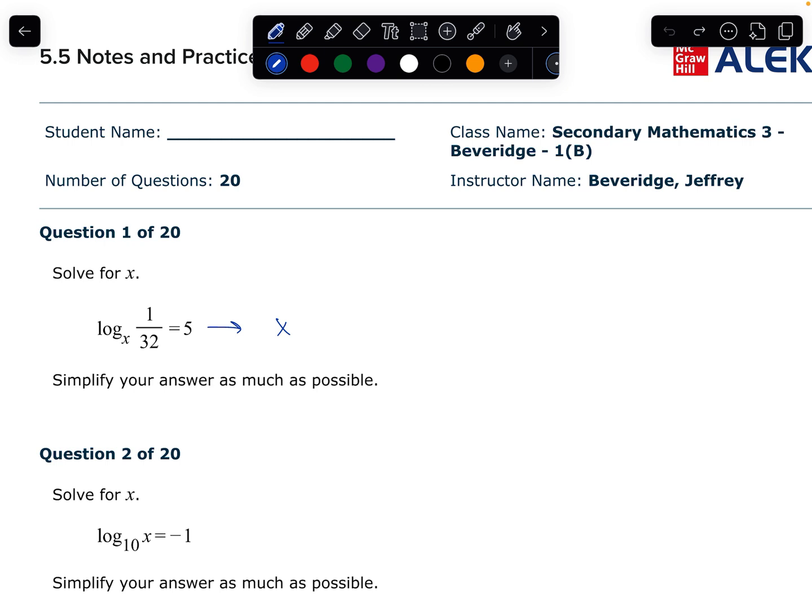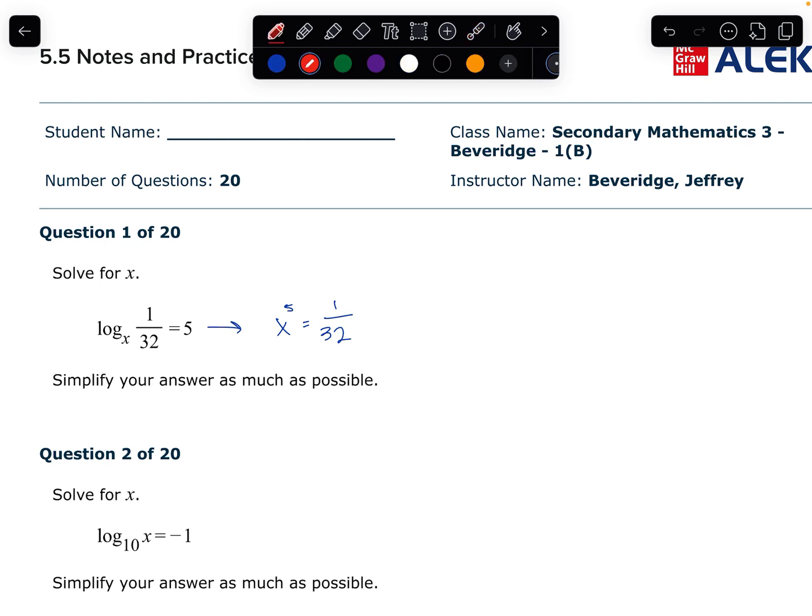So this 5 represents the exponent of this variable x, and this should equal 1 over 32. I'm just rewriting this logarithm as an exponential expression to help me see what I need to do here. So rewriting it as x to the 5th equals 1 over 32.